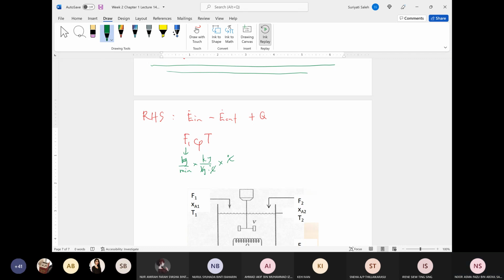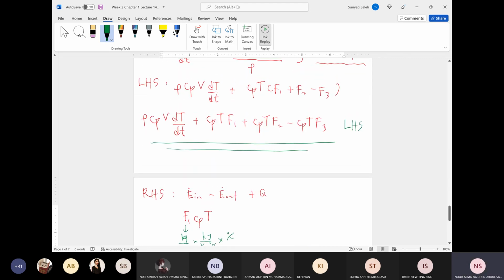So you can check whether the variable is correctly formed or not. If we take a look again at the density, kilogram per meter cube, multiplied by kilojoule per kilogram degree C, multiplied by the volume, multiplied by dT/dt, which is degree C per minute. Here, the small letter t is minute, the time.